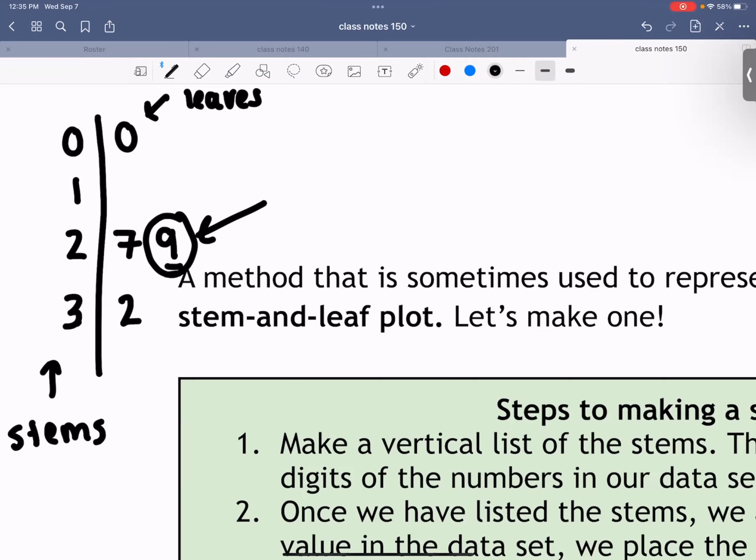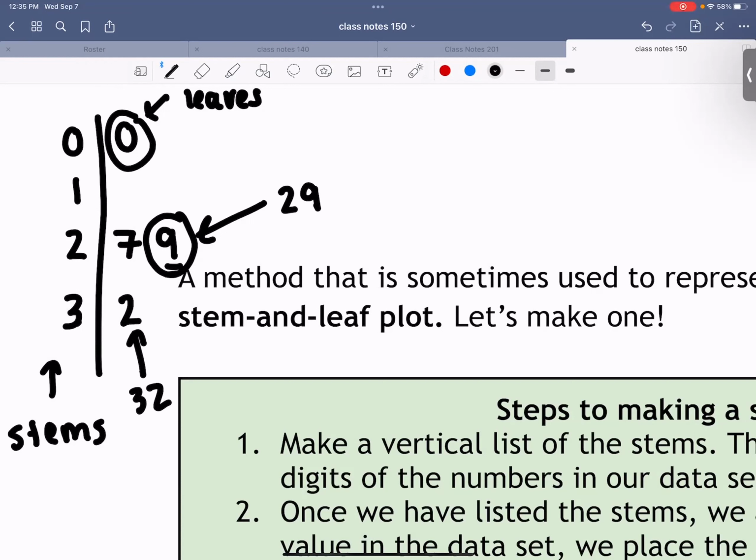How would you read this on the stem and leaf plot? Perfect. Yeah, this would mean 29 is a data value, right? So even though the 9 is kind of separated from the 2, you read it as 29. Okay. This 2 represents 32, right?